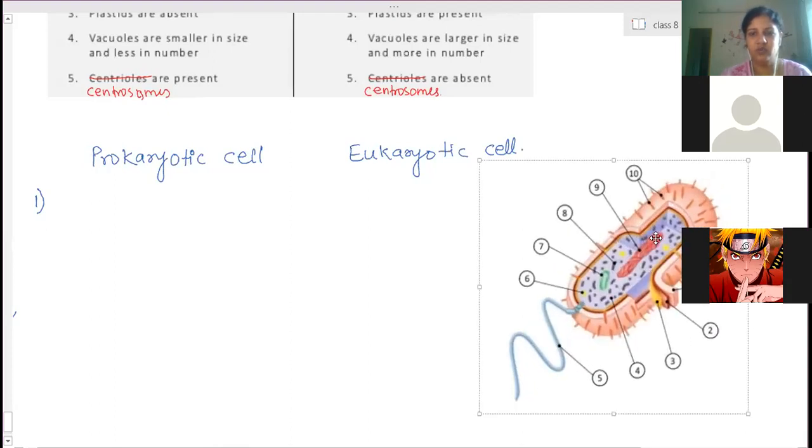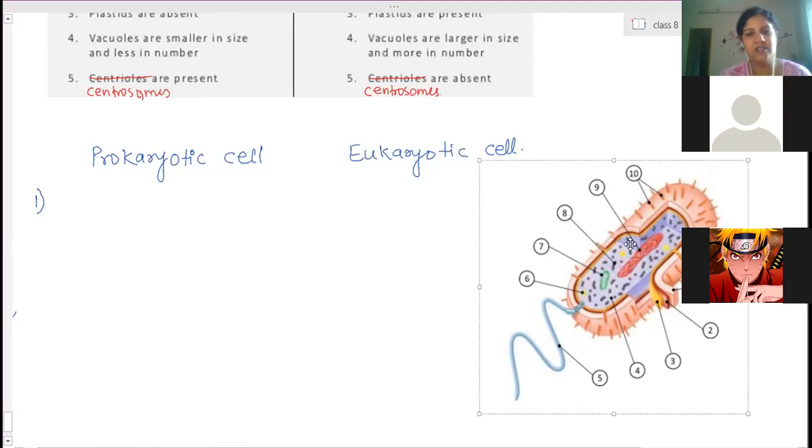In this one, the nucleus is actually not present. All the material present inside the nucleus is scattered in the cytoplasm. It is not well protected inside a nuclear membrane, and only ribosomes are present in the cytoplasm.